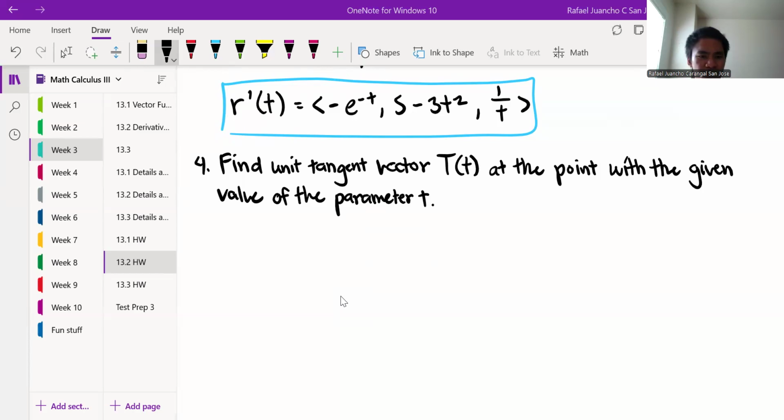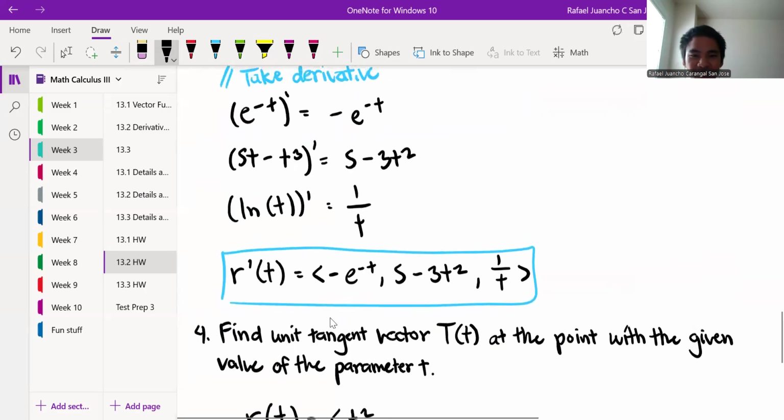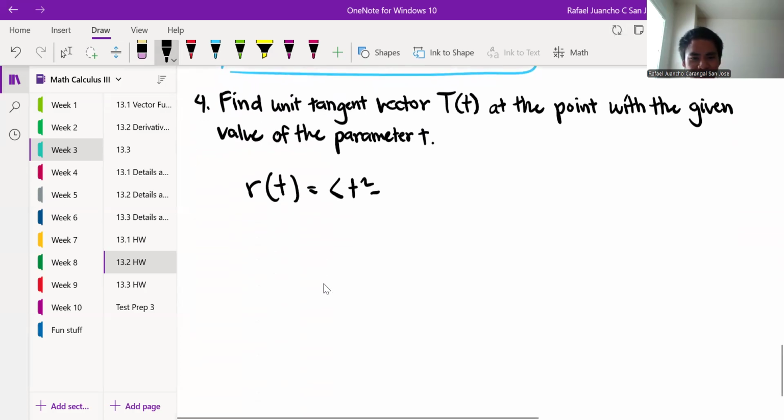So our parameter here is t. So here's our vector function. We're actually given a vector function, and it has 3 components this time. So we know this is in 3D. So we have my x component, my y component, and my z component.